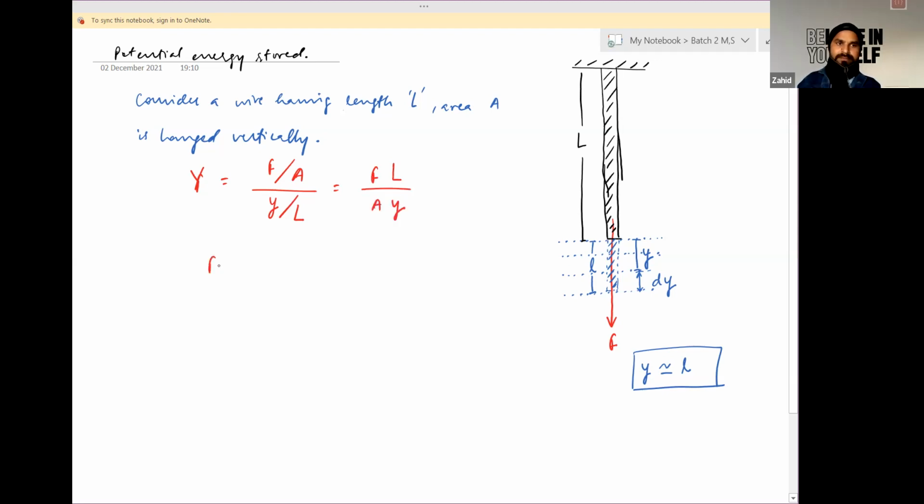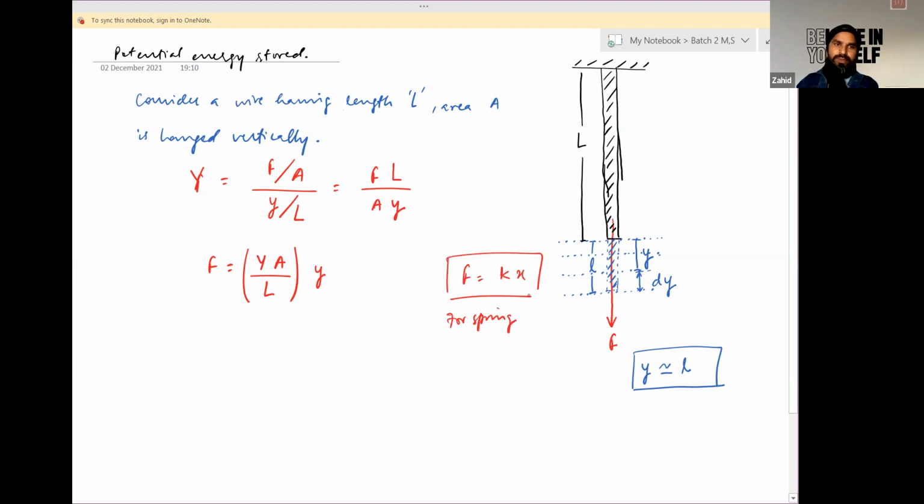So you can write F equals Y times A divided by L multiplied by small y, which is equivalent to F equals K times X, what we have done for a spring.